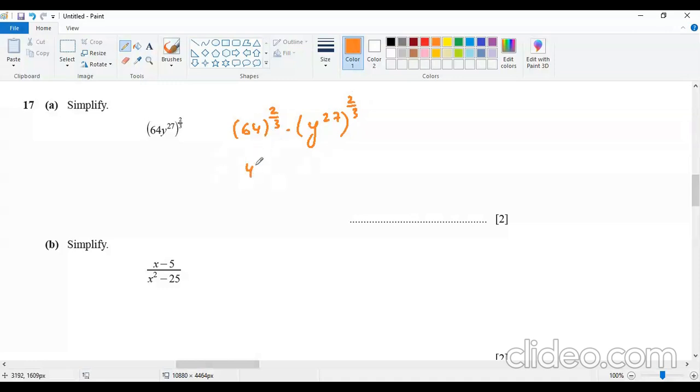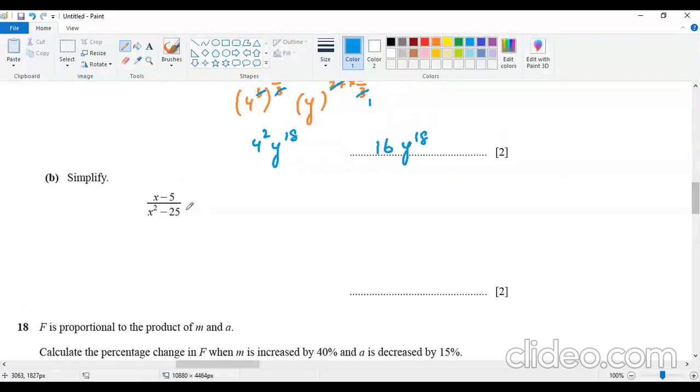I know 4 cube is equal to 64, so I can write 4 cube instead of 64, and y is 27 multiplied by 2 over 3. So this is going to give me 3 times 1 and 3 times 9. So these threes are going to cancel. So 4 square y power 18, or we can say 16 y power 18.